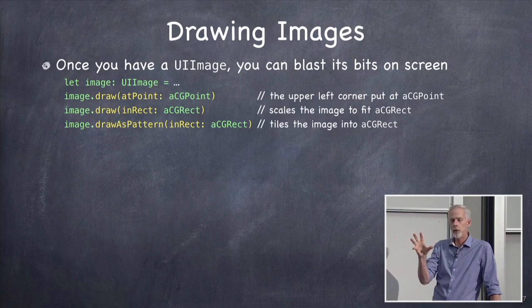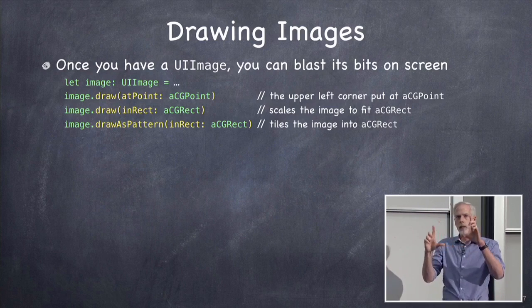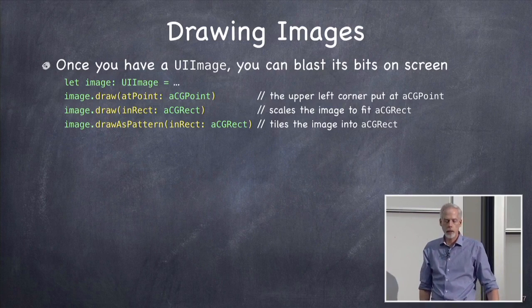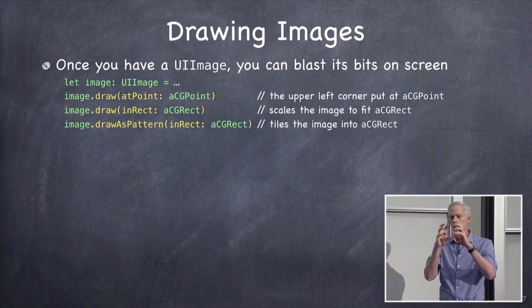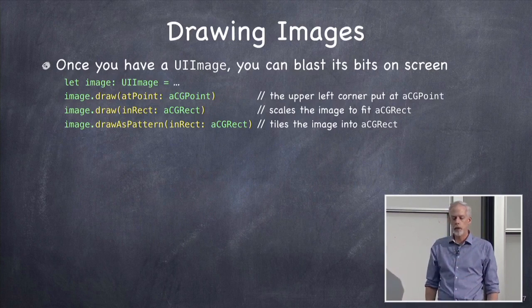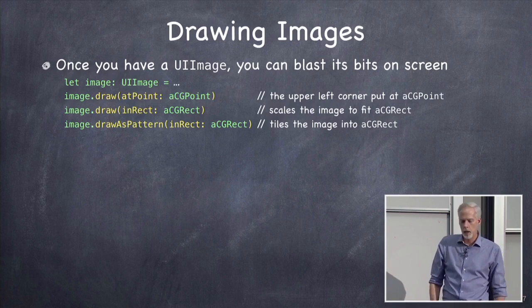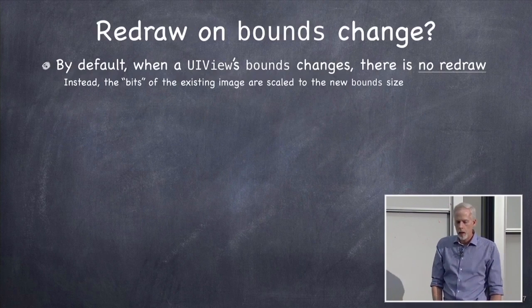It draws it in its natural size. Draw in rect is going to scale it to fit inside the rectangle that you provide. And draw as pattern is going to tile it. So presumably that's a small image and you're drawing a texture or something, and it's going to repeat it over and over to fill the rectangle. I'll fix this slide and repost it.